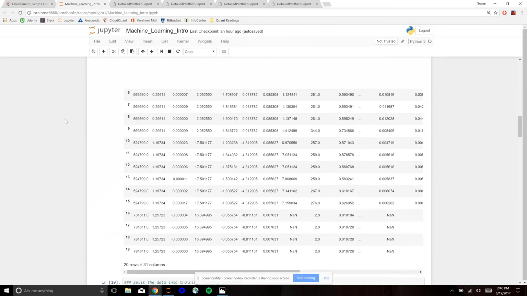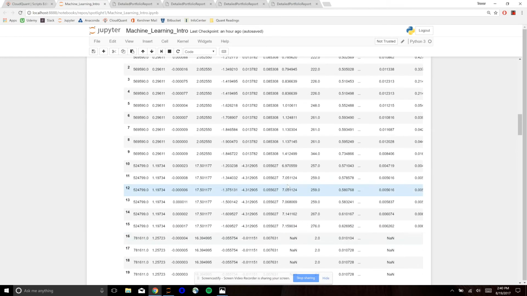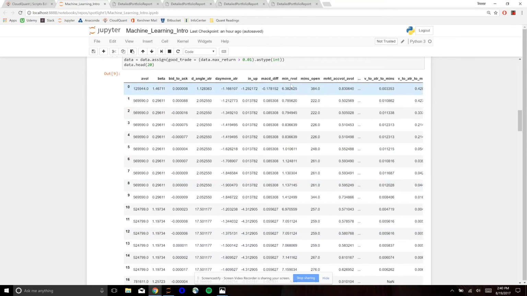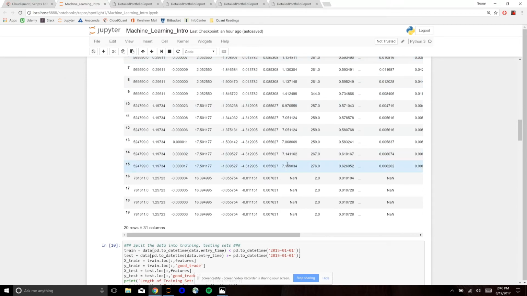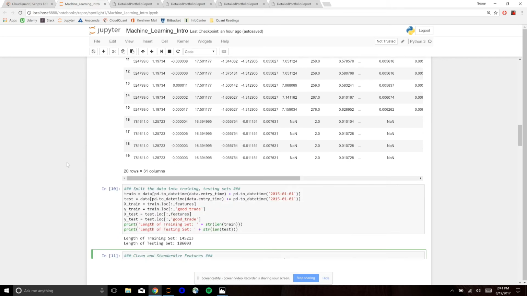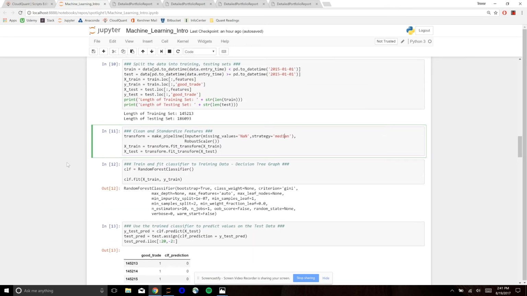So if we look back up here at our data frame for these Nan values right now, the function is going to take the median of all of the min rvol values throughout the entire data set and just plop it right in there. And I've had questions on why did you use median versus mean or zero or interpolation, something like that.